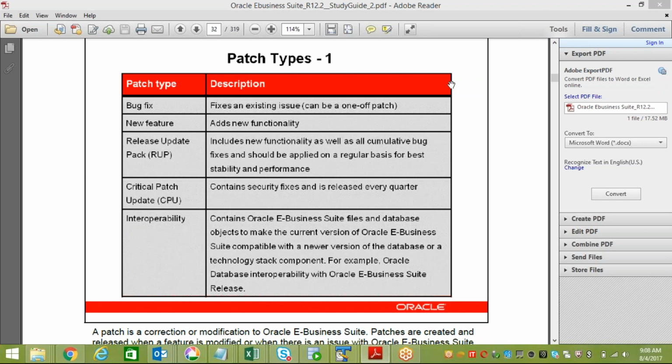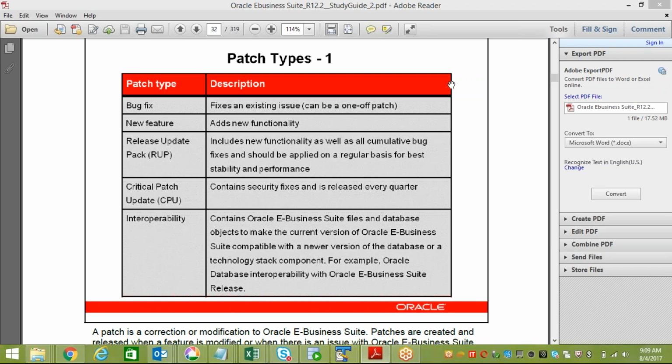Because the libraries get updated when you touch the database or operating system at the core level, and those libraries and the application need to be in sync. That is the reason whenever such changes happen on the database side or operating system side, the application side also they would be releasing some patches that we call the interoperability patch.